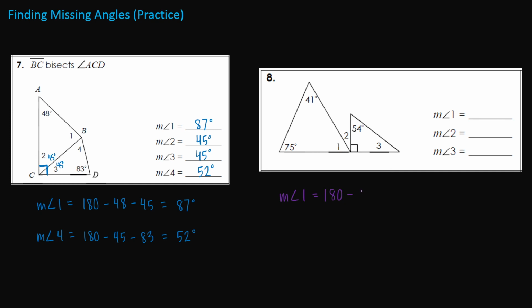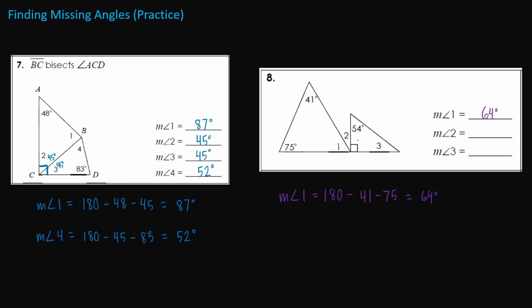So 180 minus 41 minus 75 would be 64 degrees. I know that the measure of angle 1 is 64 degrees.